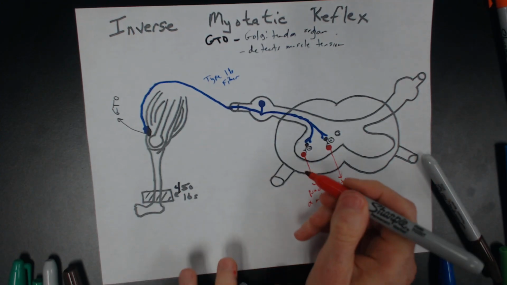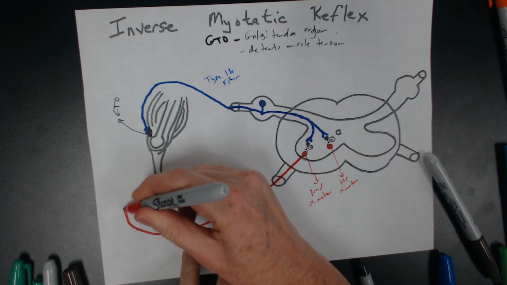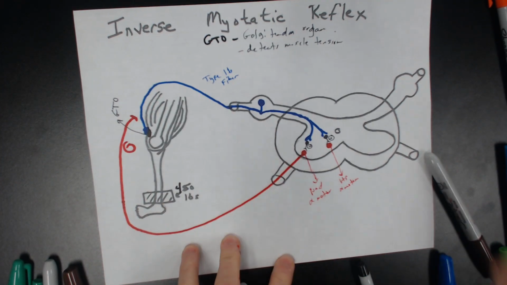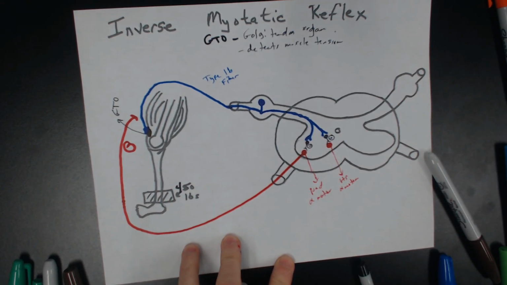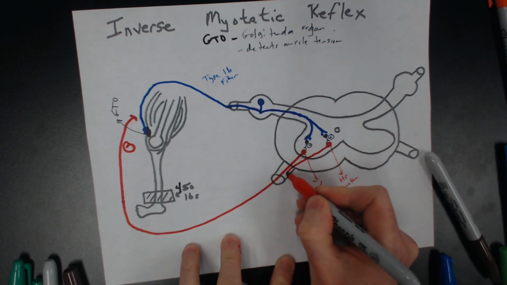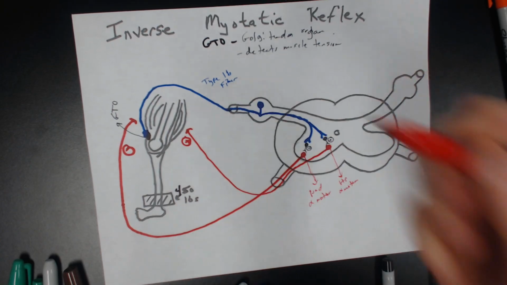So what you have, in the case of the inverse myotatic reflex, is an inhibition of the quadriceps muscle to prevent it from ripping, and an activation of the hamstring muscle.